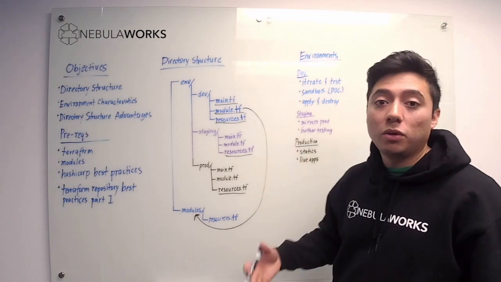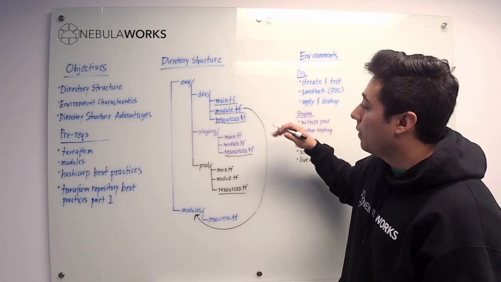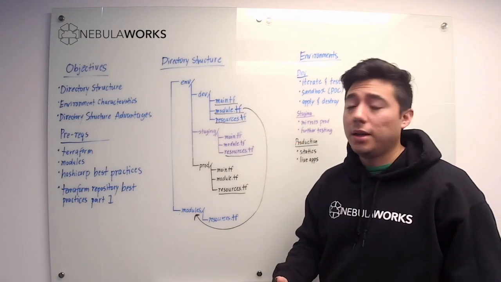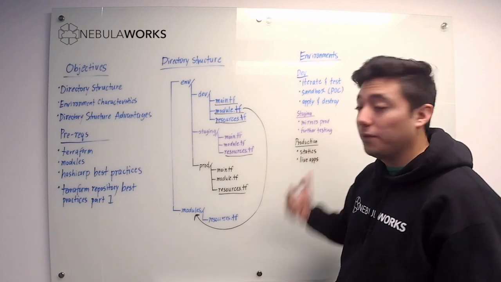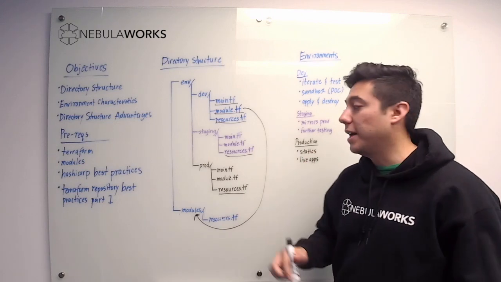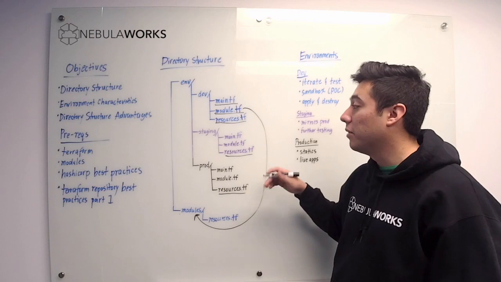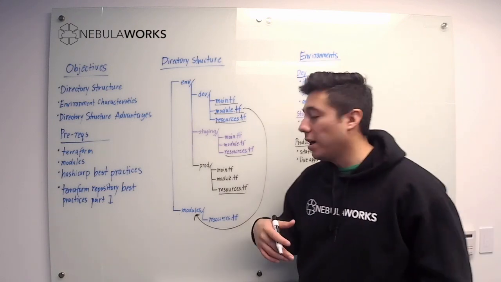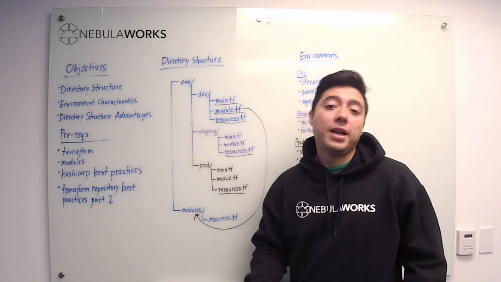So the source will be a local file path. However, the module sources for staging and prod are going to be a little different. They're going to be version pinned to a previous version so that we know exactly how the modules will behave. We're going to be talking about version pinning modules and releases in our next video.